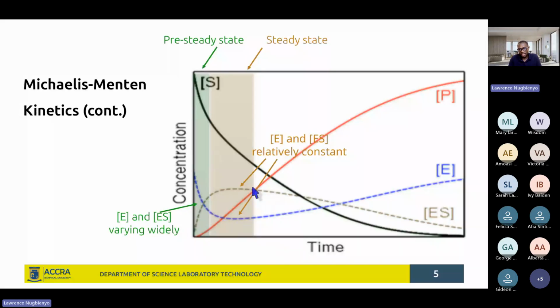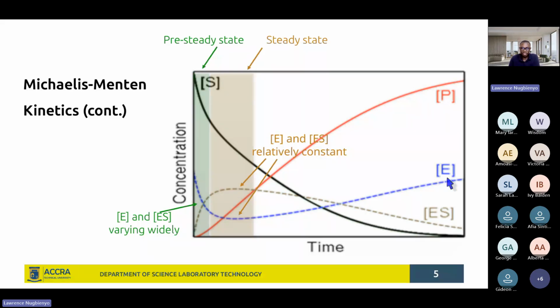And right after that, you see that the enzyme substrate complex begins to go down all the way until all the enzyme substrate complex is consumed in the system. And once the enzyme substrate complex is getting converted to product, then of course you'll be having free enzyme molecules back into the system.